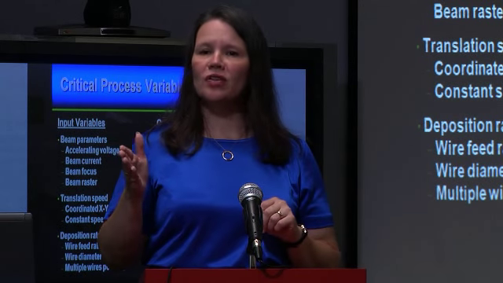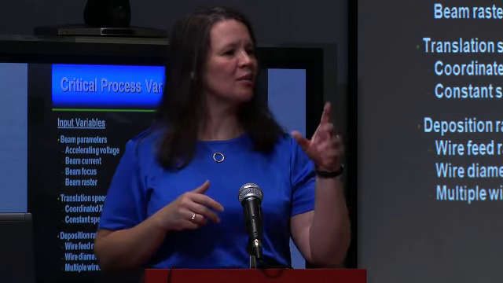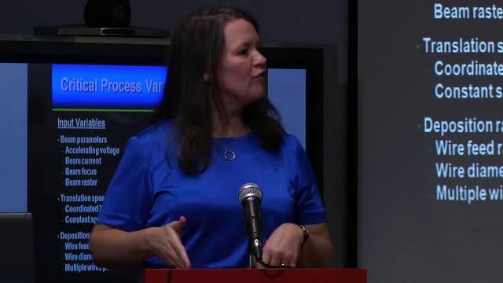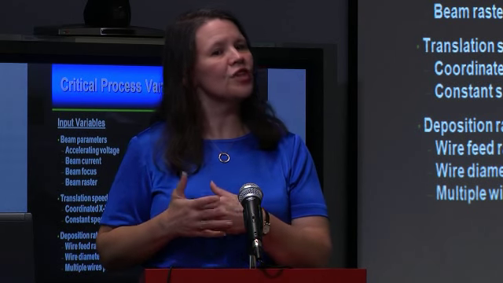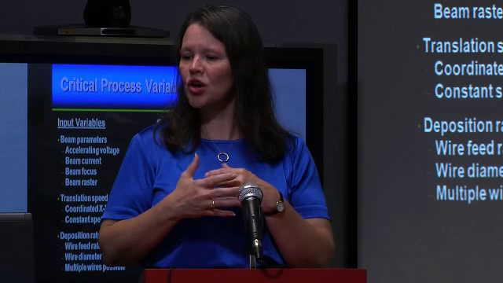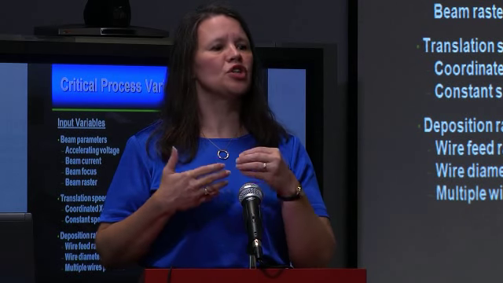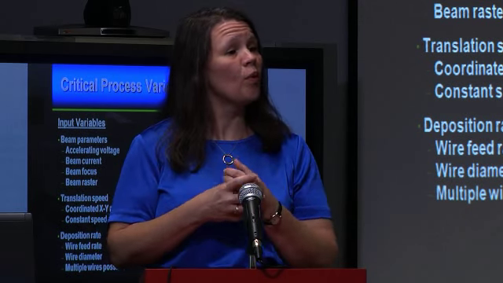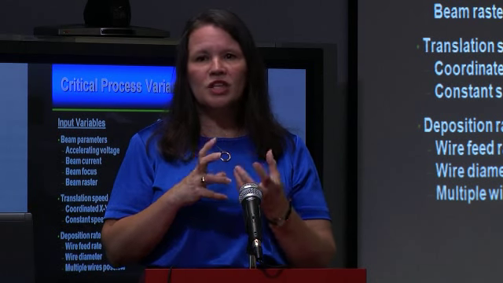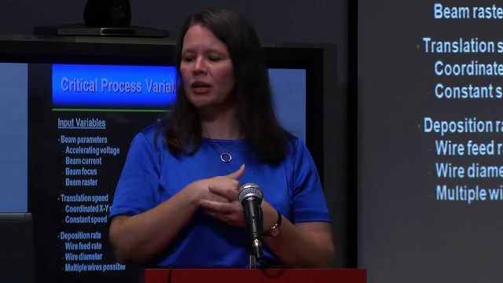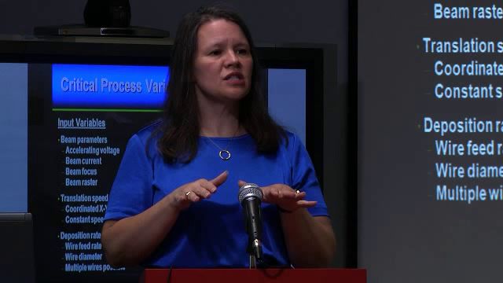The output variables on the right are what we see change if I change something on the input side. We'll see things like the temperature change, the size and shape of the melt pool, and the geometry of the part you're actually building. You also can see some distortion.